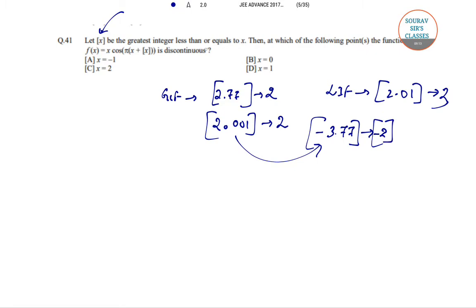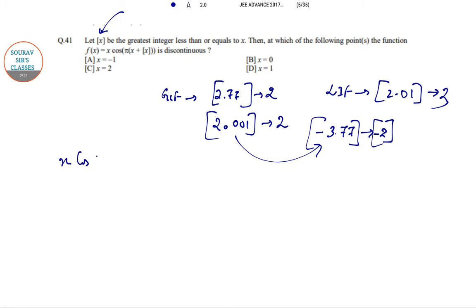Now as GIF is given, which of the following points of the function f(x) equals x cos of pi times (x plus GIF of x) is discontinuous? Okay, now let's do this.